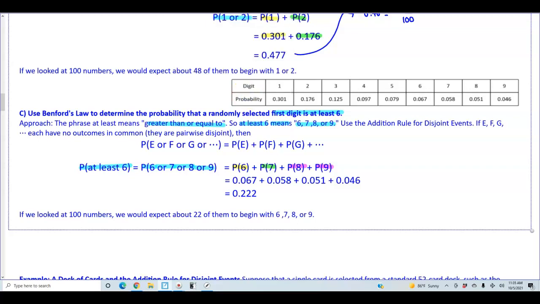So looking at our table, what is the probability of 6? Well, the probability of 6 is 0.067. Then what's the probability of 7? Well, the probability of 7 is 0.058. And the probability of 8 is 0.051.